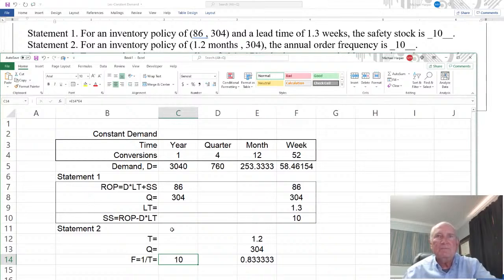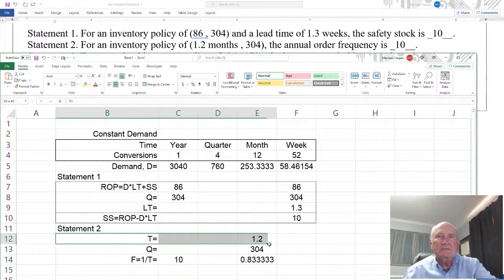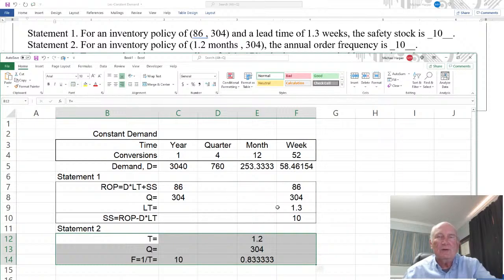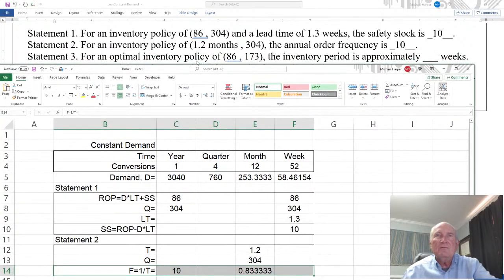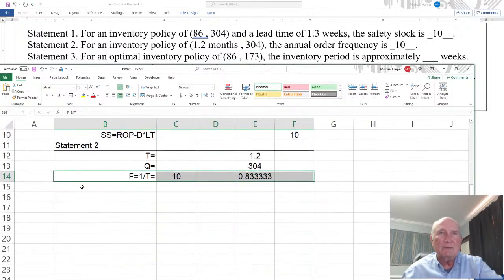Bring back Excel. Okay, so let's box this in. So there's the second one. Okay, there we go. And the answer was here. Now, let's bring it down to statement number 3. For an optimal inventory policy, let's bring this down, statement 3.